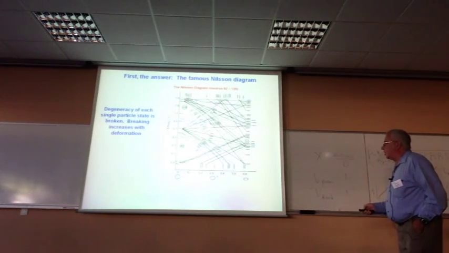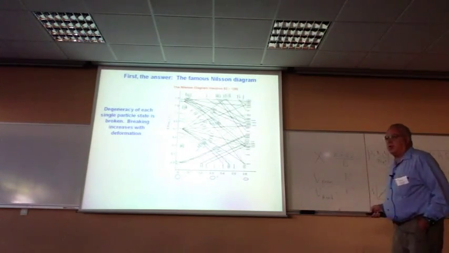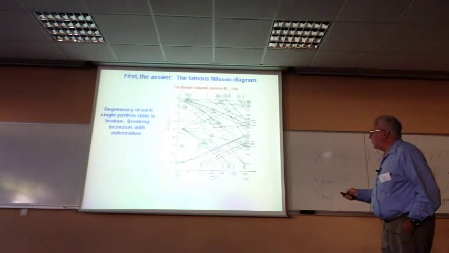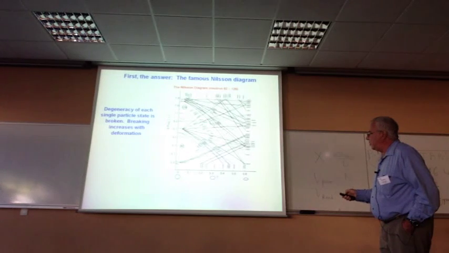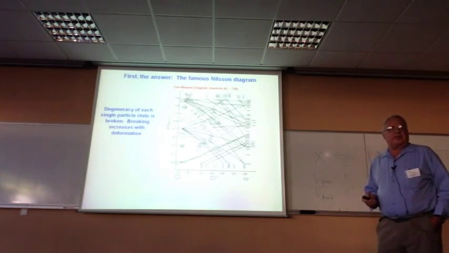Okay, and what you see is that as you turn on the deformation, as the nucleus goes from spherical to something shaped like a prolate American football, each of these levels, which can contain 2j+1 particles, there's degeneracy breaking. So this is f7/2. I know you can't read it back there. f7/2 can contain 8 particles.